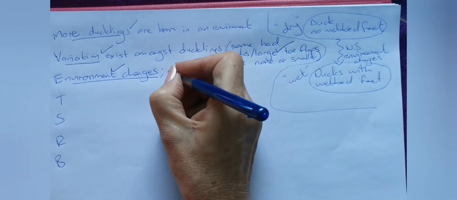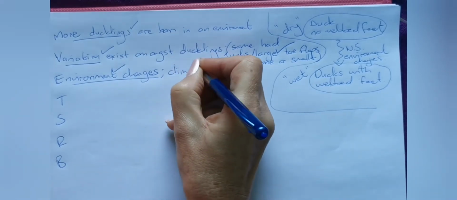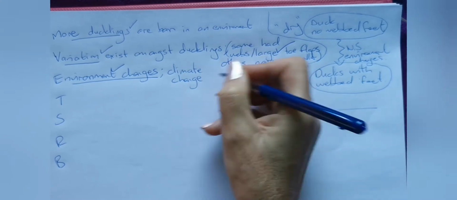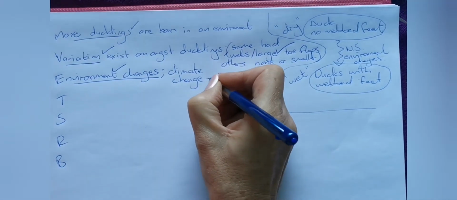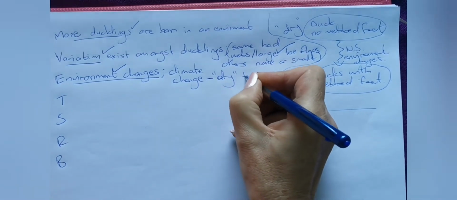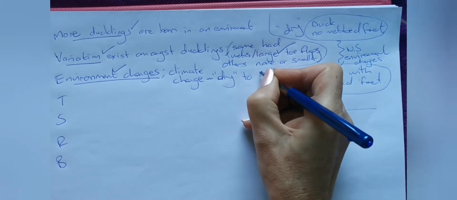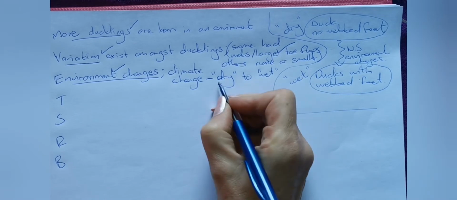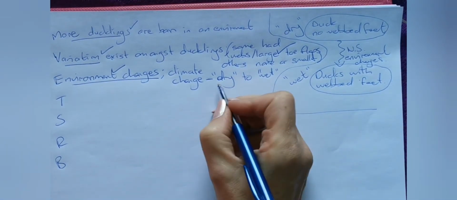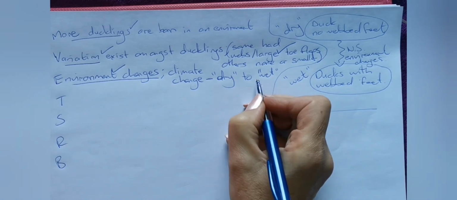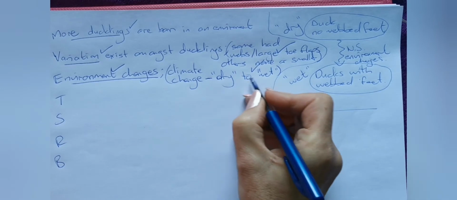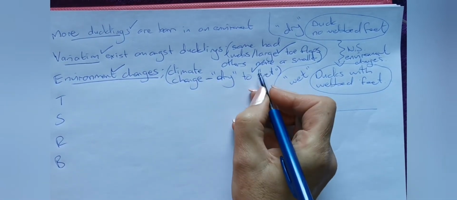So either a climate change happened, or there was some natural disaster or something like that which caused the environment to go from a dry environment to a wet environment. Now, you could use better English vocabulary words and stuff, but it doesn't matter. You'll get a mark for saying it in your own words. How did the environment change?